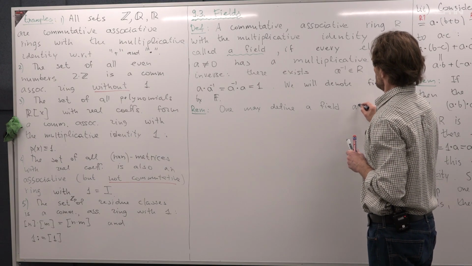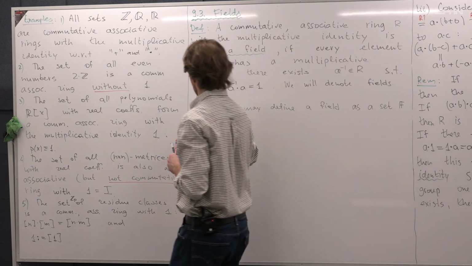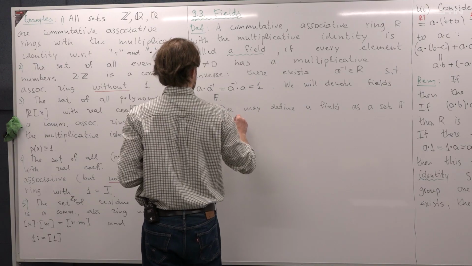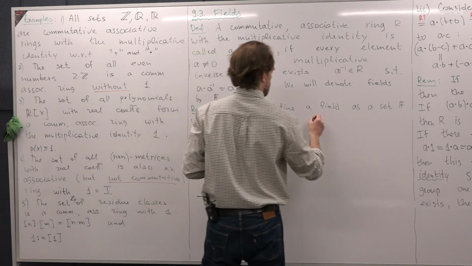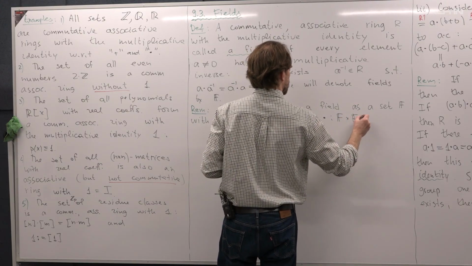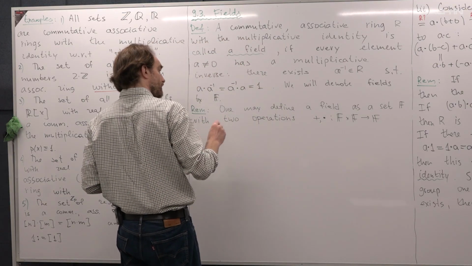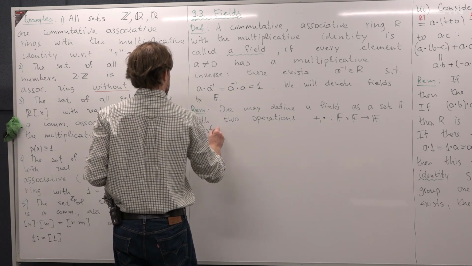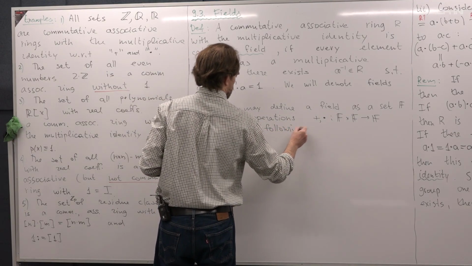A field is a set F with two operations, plus and multiplication, which act on the Cartesian product of F, satisfying the following relations.